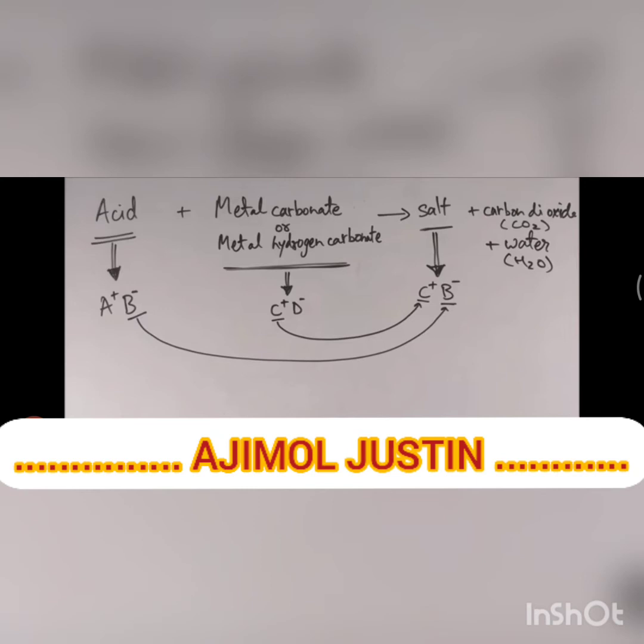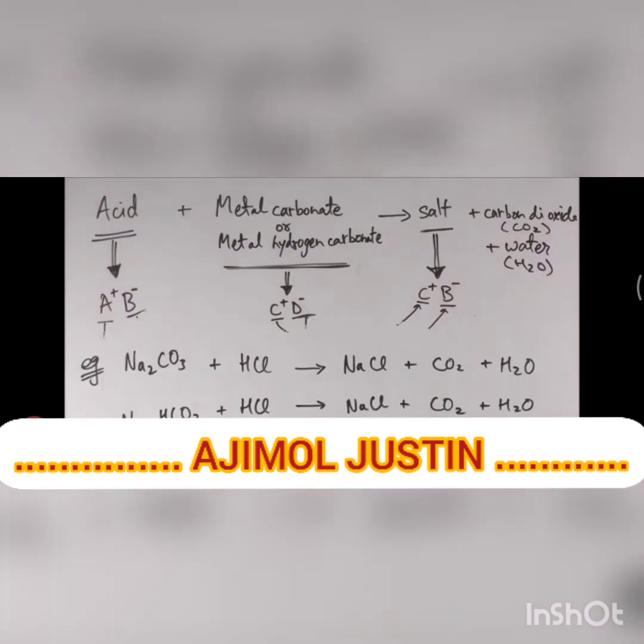Let us see with the example. Na2CO3 plus HCl, sodium carbonate plus hydrochloric acid gives NaCl, that is sodium chloride, plus carbon dioxide plus water. Carbon dioxide plus water is fixed, right?